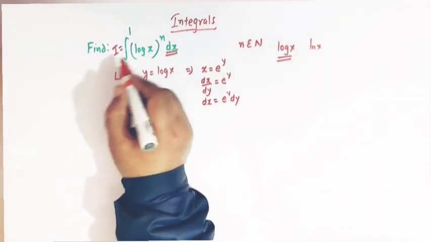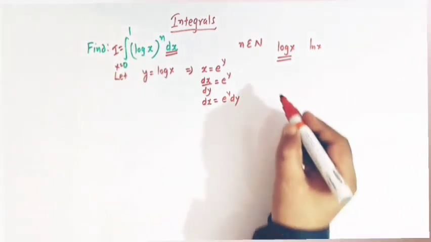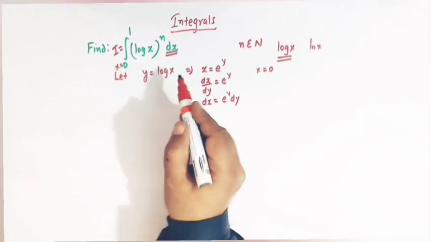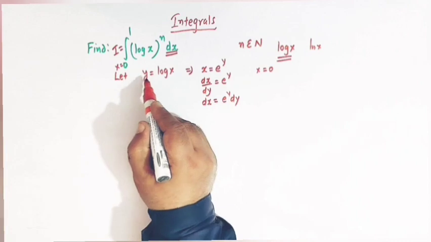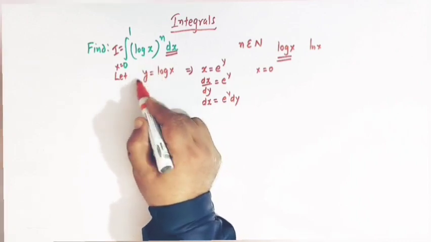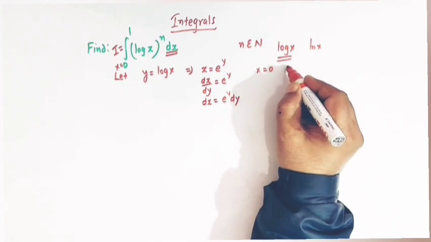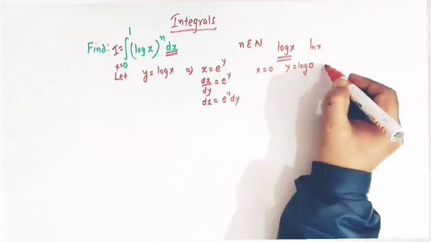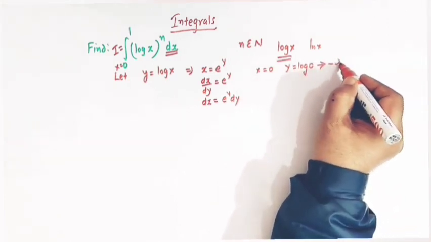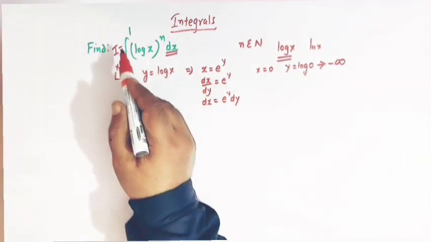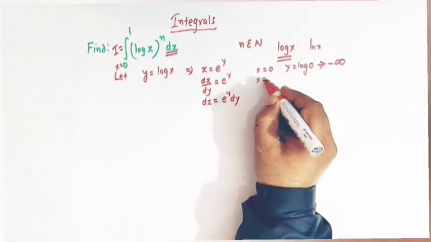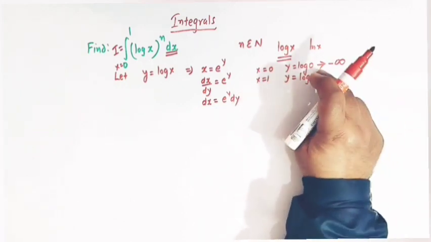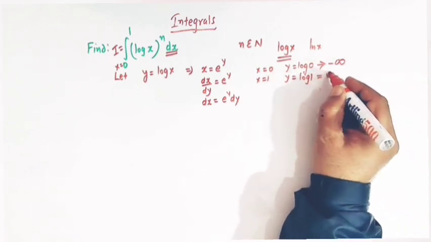Now here the limits vary from 0 to 1. When the lower limit is x equal to 0, the value of y is obtained by taking x equal to 0 in this relation. So y is equal to log of 0, and log of 0 tends to minus infinity. Similarly, when x is equal to 1, then y is equal to log of 1, which is equal to 0.